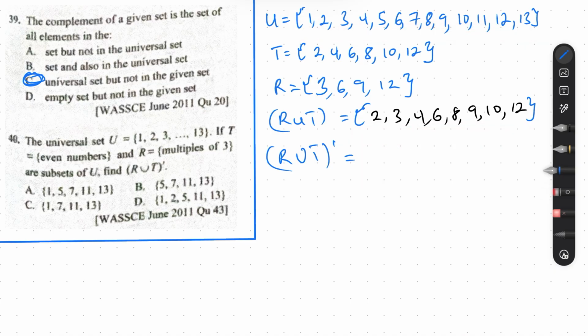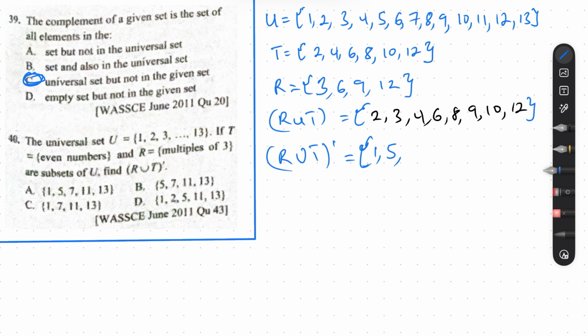Okay, so let's open the set first. We have 1 here, 1 not here, so that will be part of our answer, right? We have 2 here, 2 here, so 2 will not go. 3 here, 3 here, 3 will not go. 4 here, 4 here, so we can't write it. 5 here, 5 not here, so 5 comes here. Okay, so let's write 5.